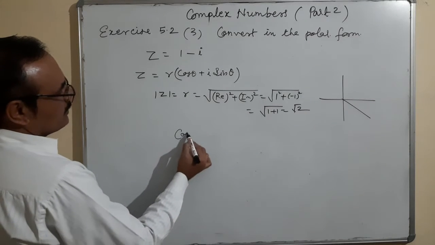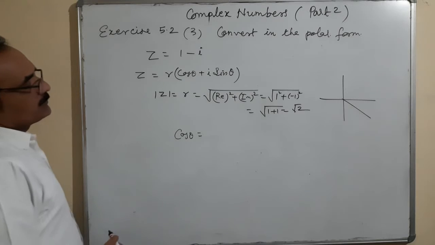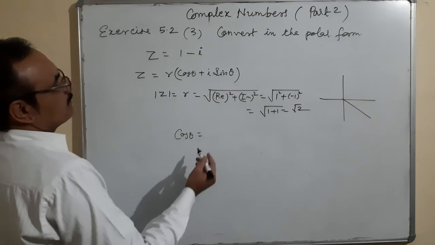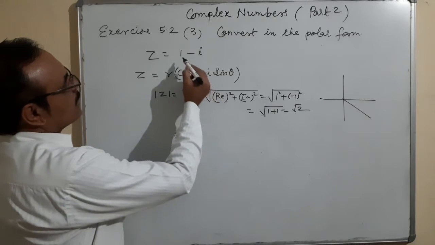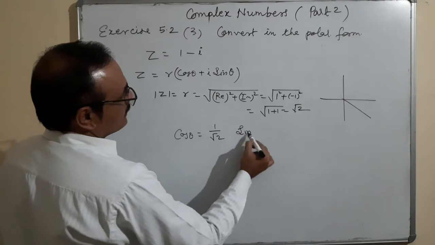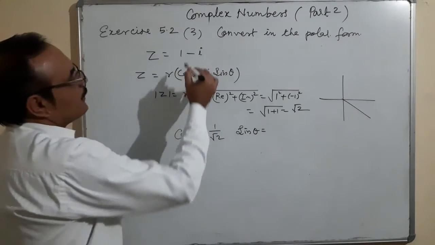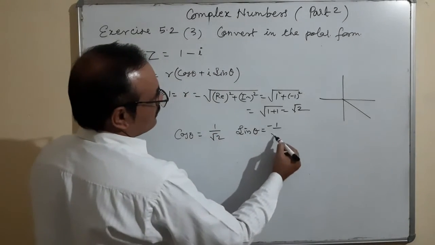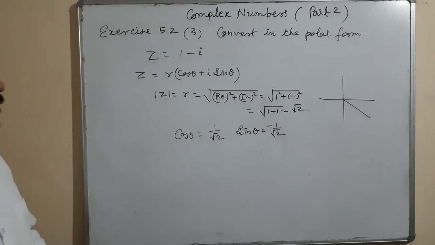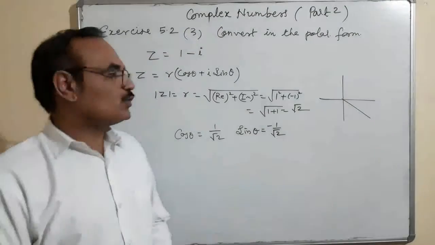Cos theta is equal to real part upon r. So real part upon r, that means 1 upon under root 2. Sin theta, imaginary part, minus 1 upon root 2. Is it okay? 1 upon root 2 and minus 1 upon root 2.